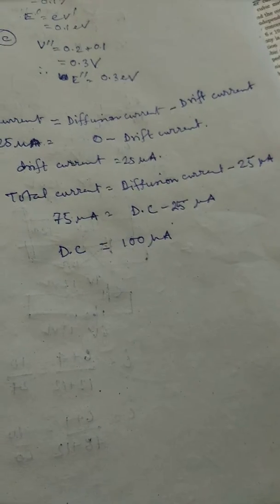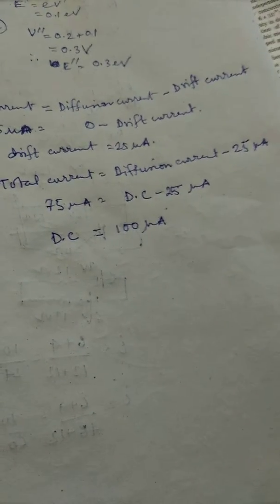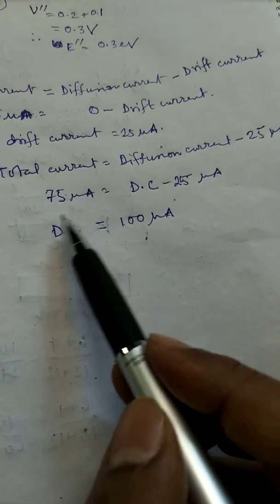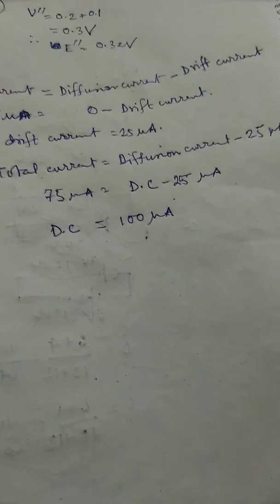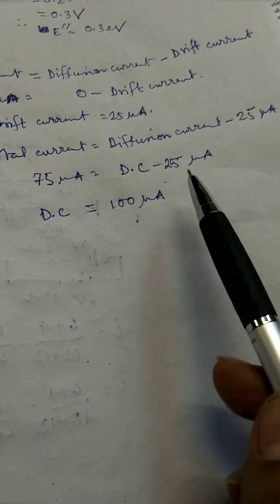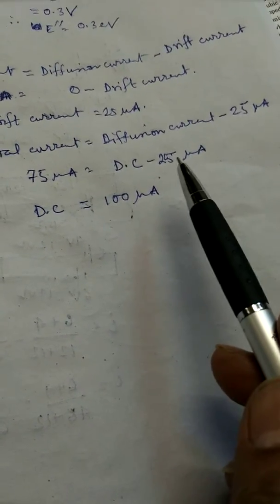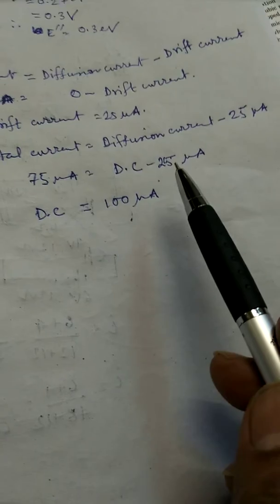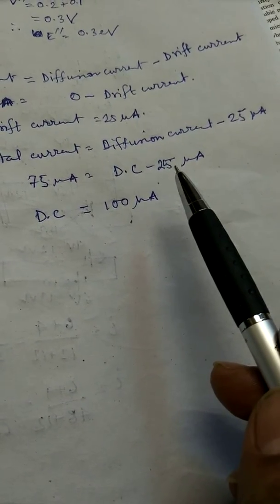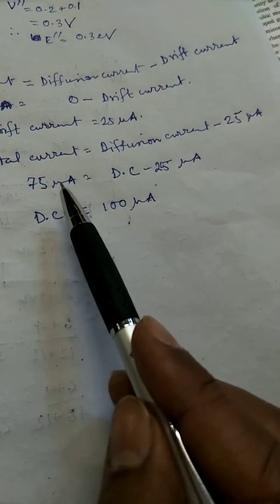Look, diffusion current is 100 microampere, but the reverse current is 25 microampere. That's why the total current is 75 microampere. So as if the semiconductor is always taking a tax equal to 25 microampere. If there were no minority carriers, that is, if the semiconductor was pure, intrinsic, then the total current would be 100 microampere.